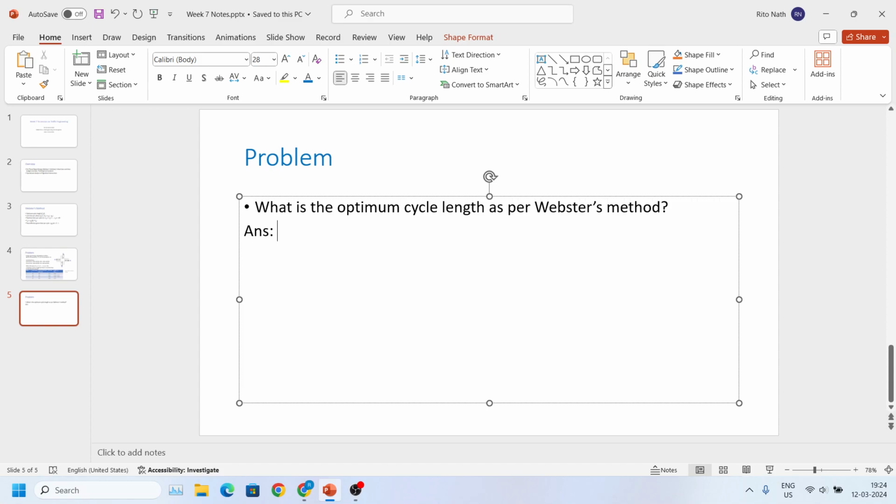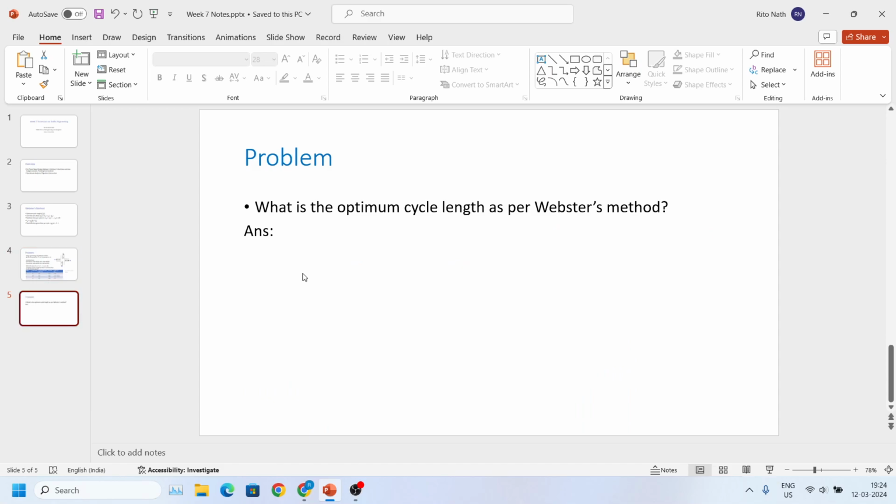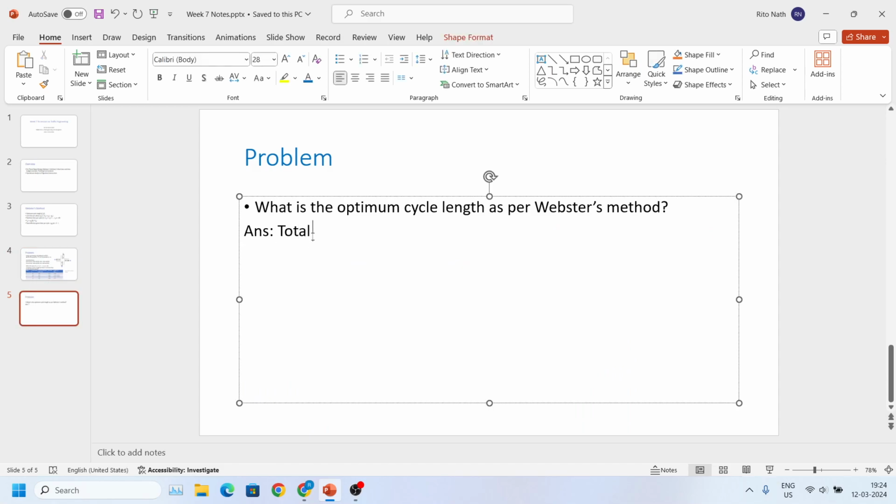As we know, for knowing the optimum cycle length, you need to know L and the summation of Yi's, which we have already found in the previous slide, which is 0.716. So all we need to know is the total lost time, which is capital L. Here we have two phases, so it will be L1 plus L2, and then you will have the all red time.